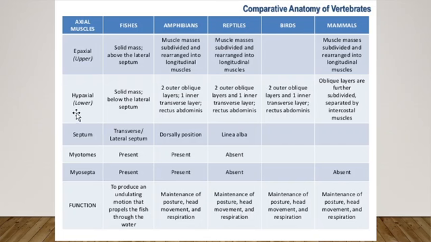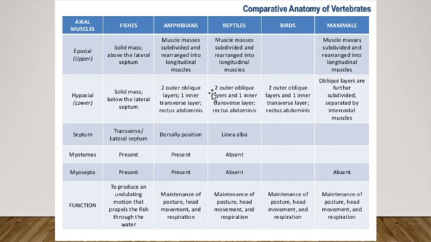How about the hypaxial or the lower musculature of the vertebrates? In fishes, a solid mass below the lateral septum. Okay. In amphibians, there are two outer oblique layers, one inner transverse layer, and the development of rectus abdominis, which is also similar in the reptiles and the birds.